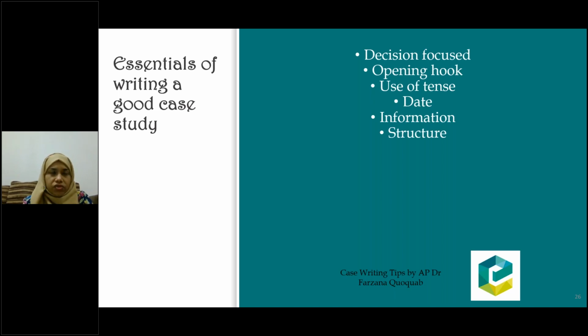Structure. In terms of structure, you may appreciate that there's no specific structure like research papers. Research papers basically follow 5 components, or maybe we can say 5 sections. It's a standard: introduction, literature review, methodology, analysis, conclusion, limitations, future directions, and so on and so forth.